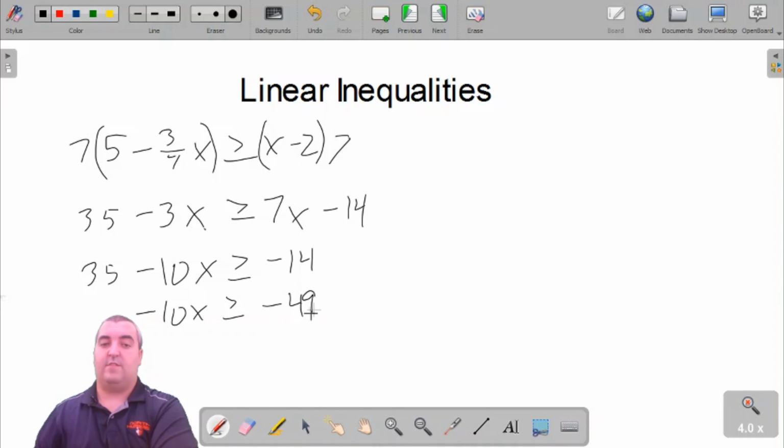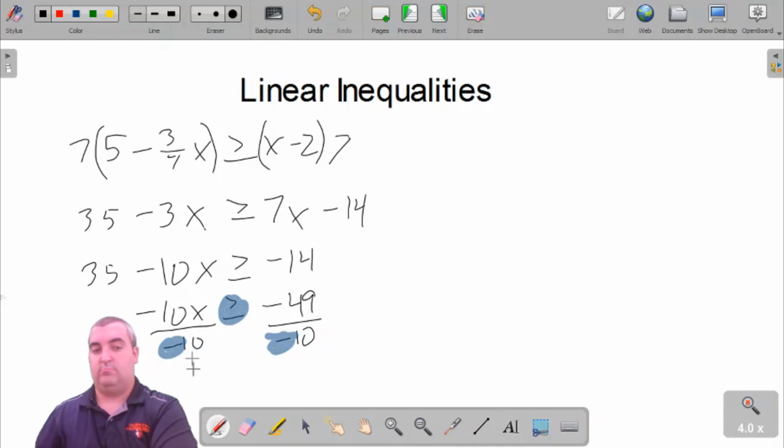is negative 49. Now this is one of the key things not to forget. We're going to end up dividing both sides by a negative. Depending on how you went about this, you might not have, but because we're dividing by a negative here, we have to flip this sign. So this ends up obviously just being x.